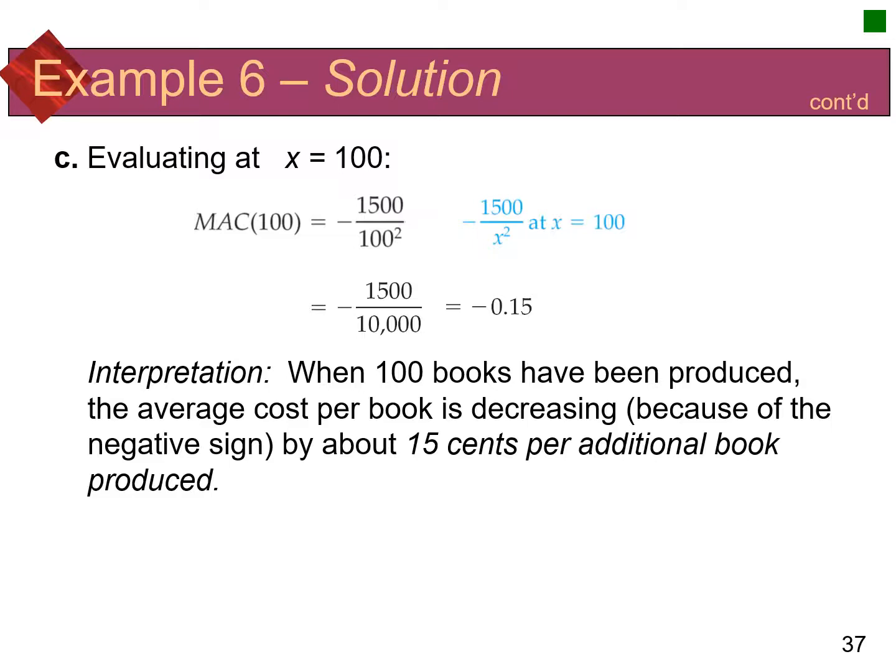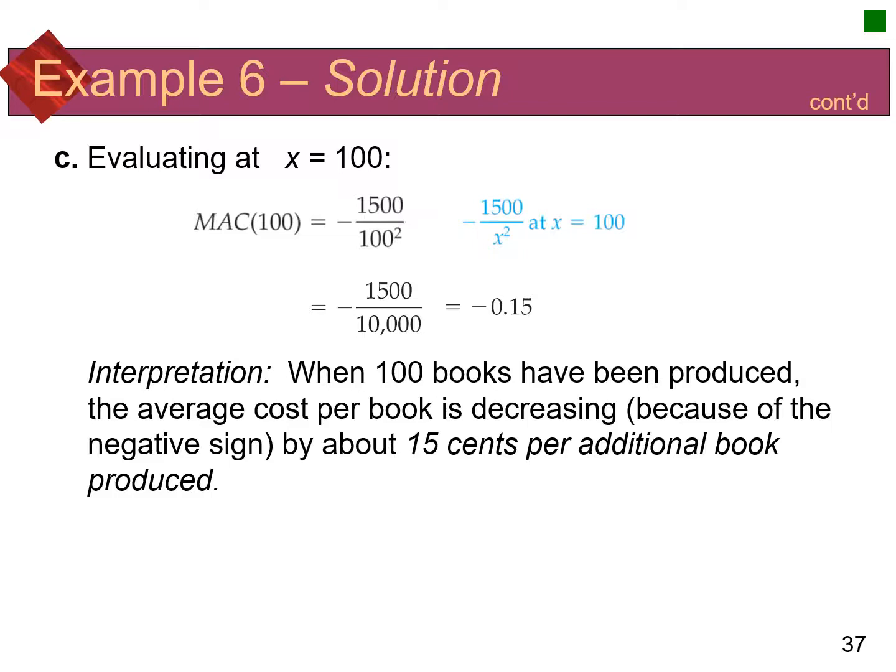So basically what that marginal average cost is giving me is how much the rate of change is increasing or decreasing at this point. The next book is going to cost 15 cents less to essentially produce.